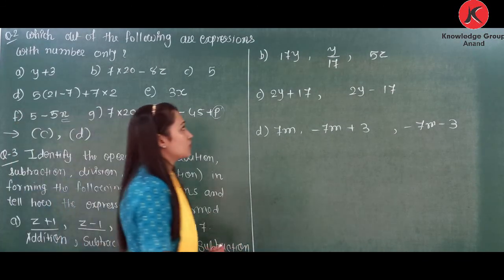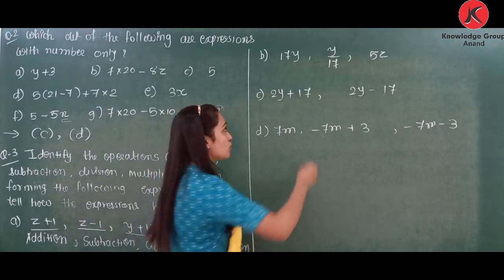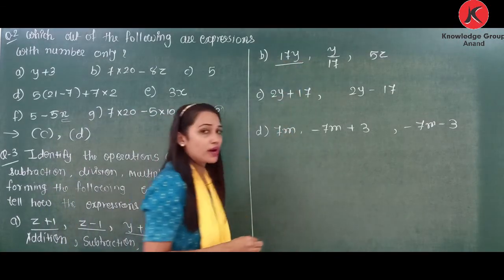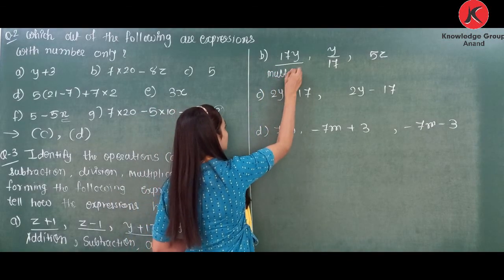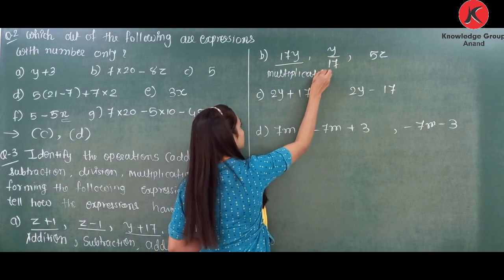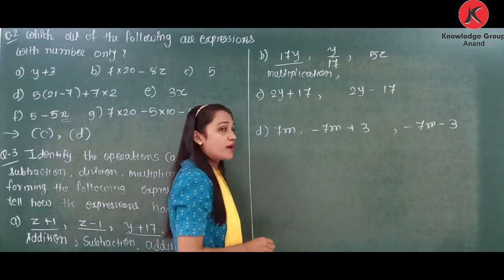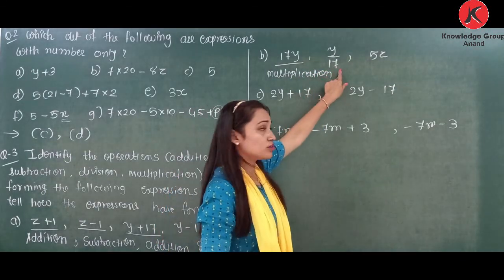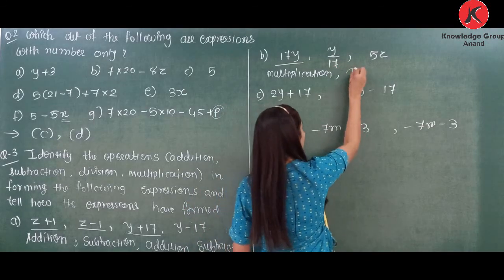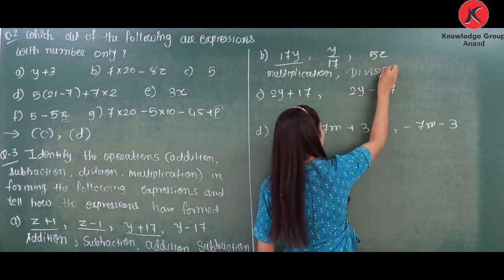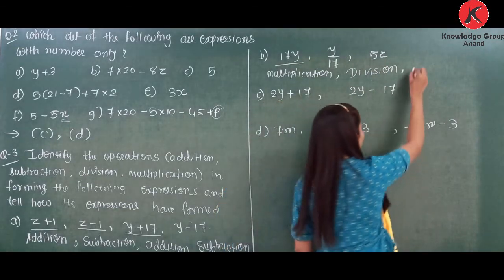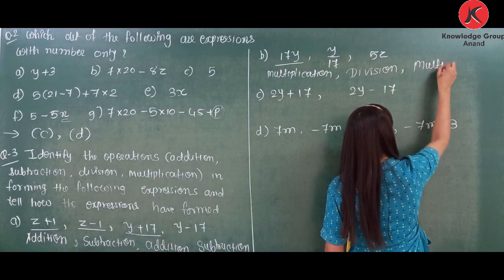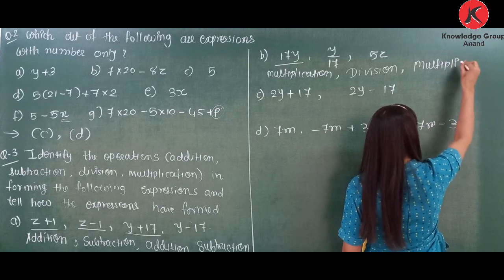Now next, 17y. So which operation is there between 17 and y? Multiplication. Y divided by 17. So that is a division. And 5z, it means it is a multiplication. So we can write the operation of multiplication is performed between 5 and z.